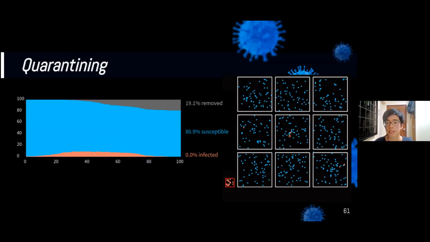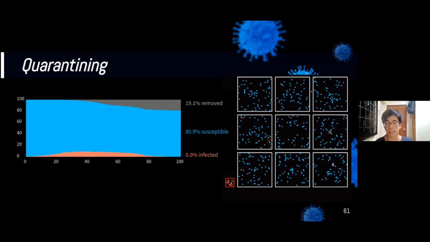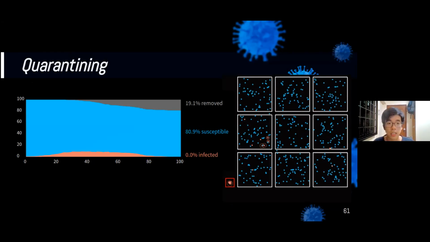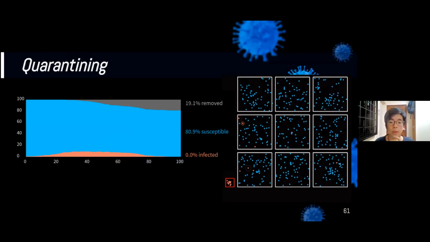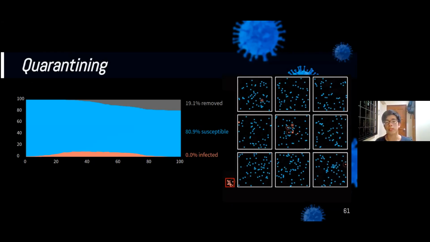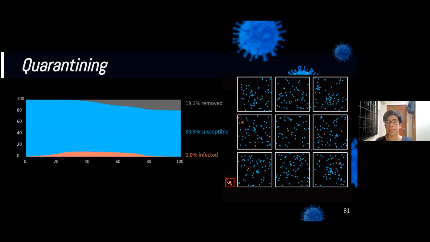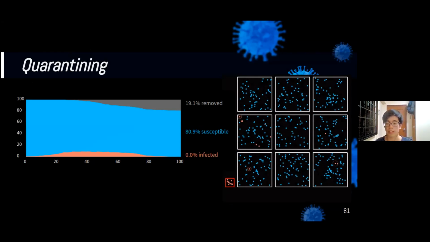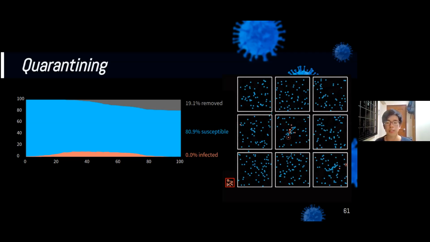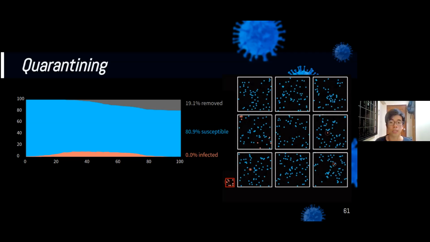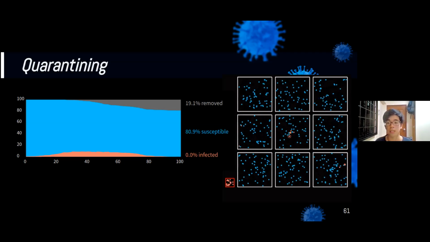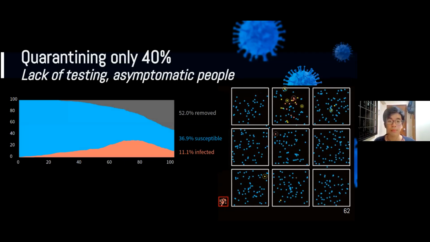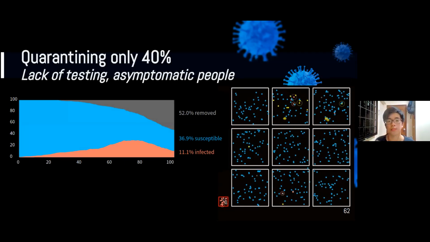Next slide, please. In this slide, we take a look at what quarantining does for the infection rate, and we can see that the curve is a lot flatter, as we would expect. However, in real life, it's not always guaranteed that we will be able to identify everyone and isolate them immediately as soon as they show symptoms. So what might usually happen would be more like the next slide, where we might only be able to quarantine 40% of people.